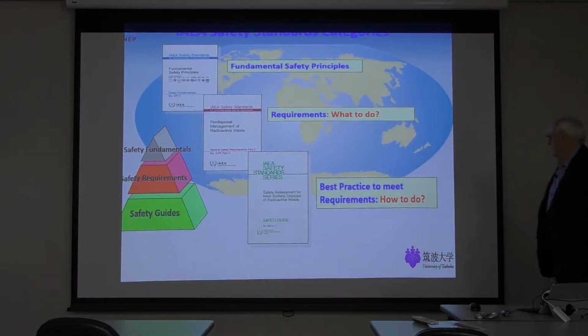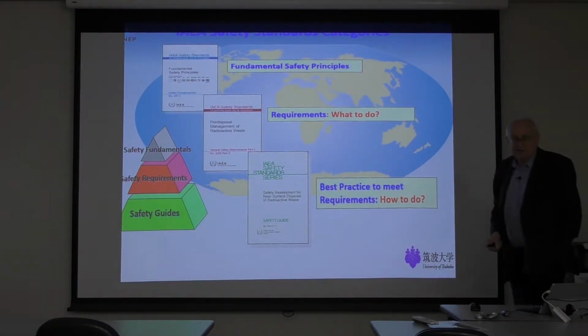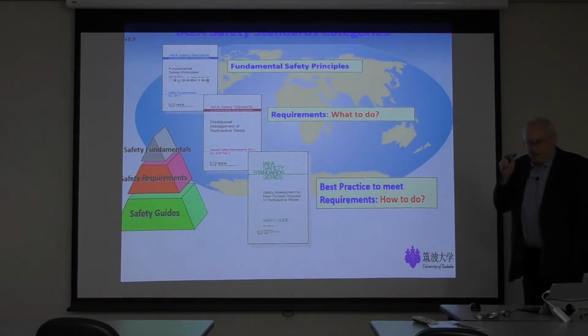And so at the IAEA, we have developed a number of safety standards which have a hierarchical structure. On top of this hierarchy, there are the so-called fundamentals. These are only 10 main objectives to ensure safety and protection of people from nuclear applications.